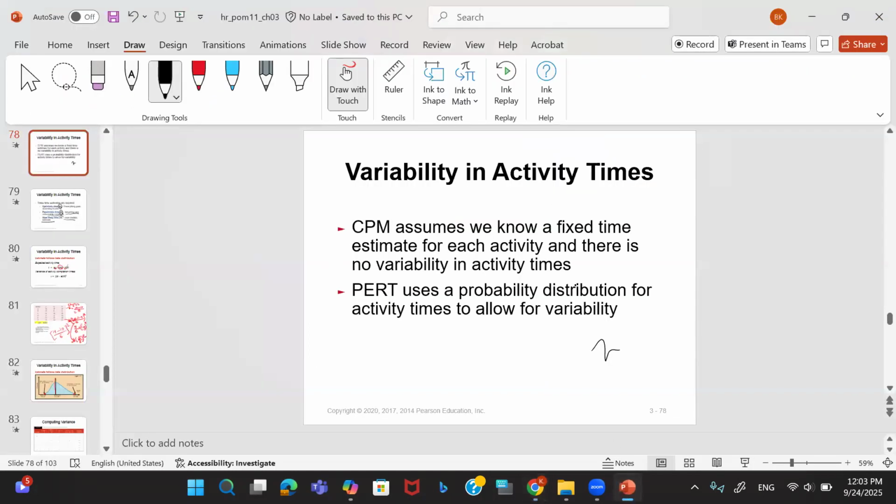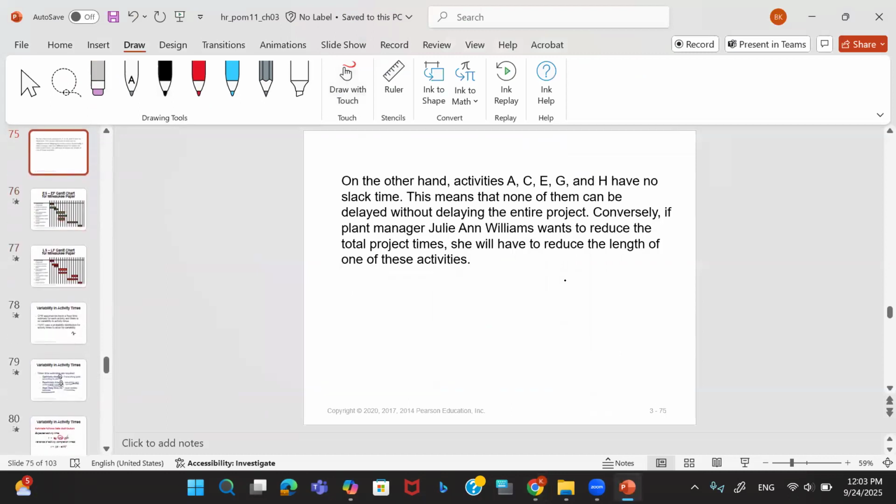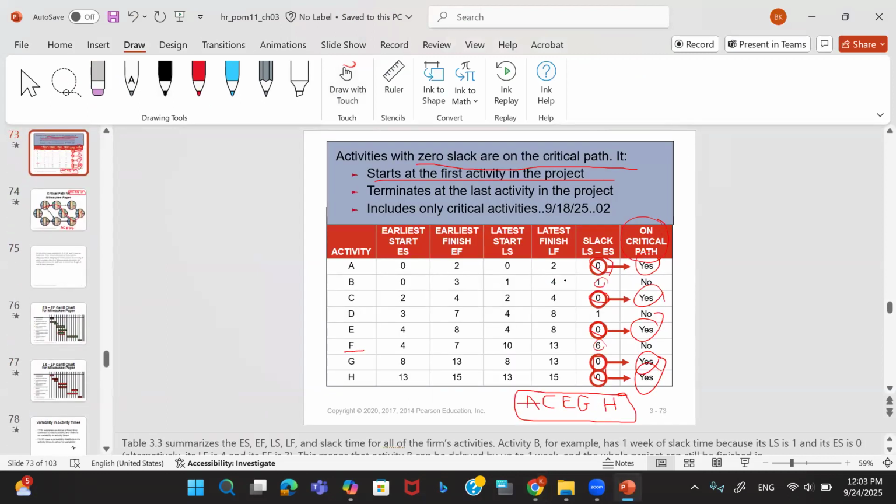Let's see. So last time we talked about slack time, and we calculated the slack time for this project. We said the critical path includes the activities with zero slack time, and we ended up that our critical path for this project is A, C, E, G, H, where all the activities have zero slack time.